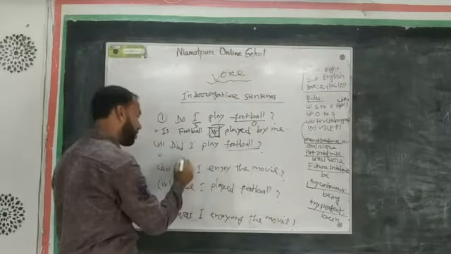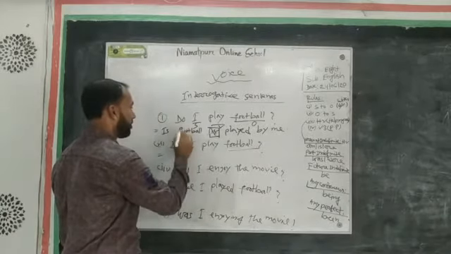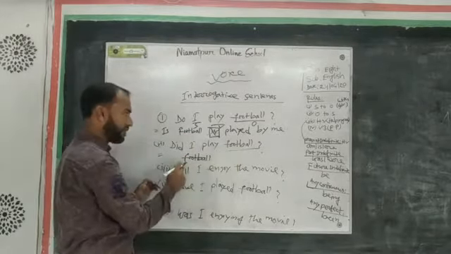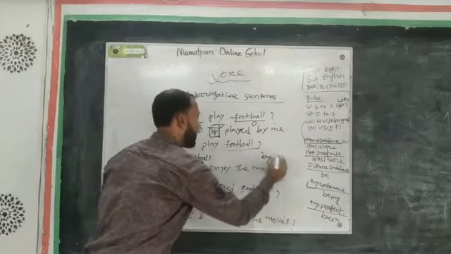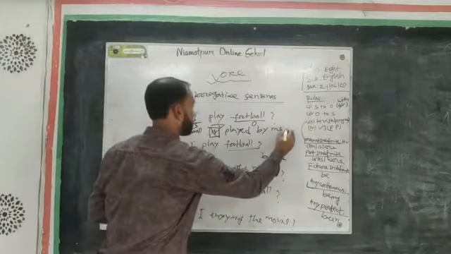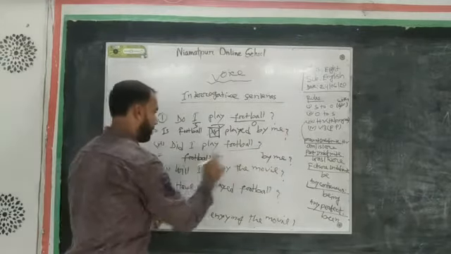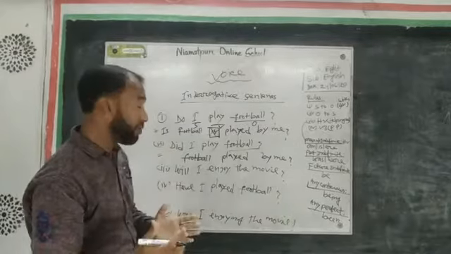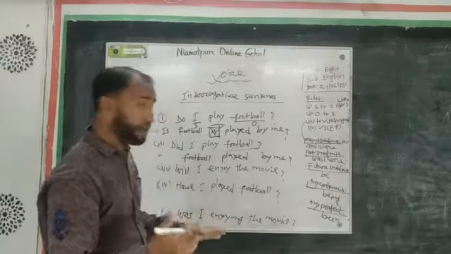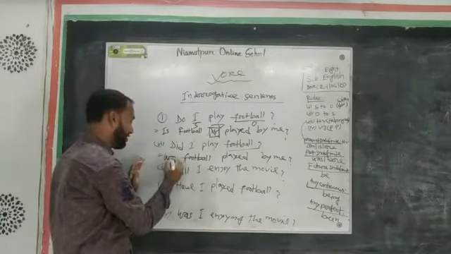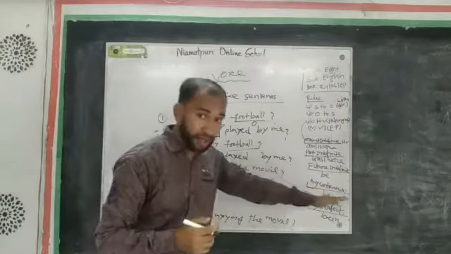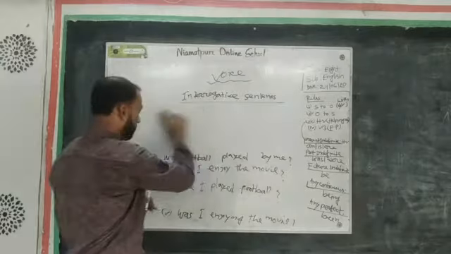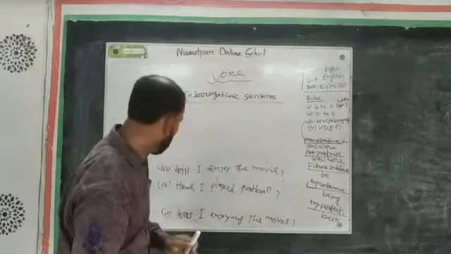This is the second one: football, object to subject, by me, played, this is the past participle, and the helping verb for past indefinite tense is was. Was football played by me?